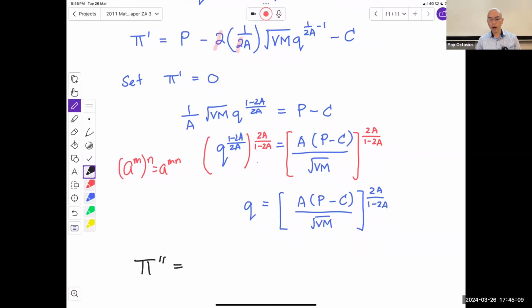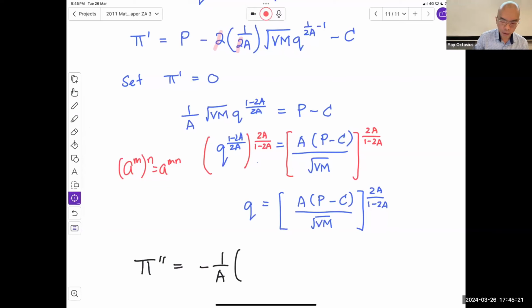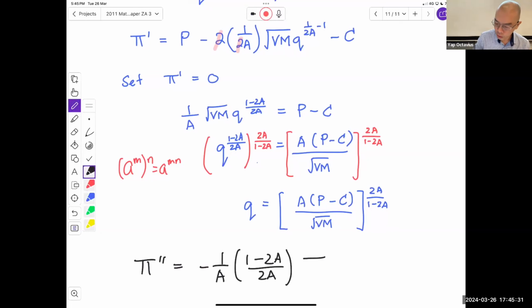So P gone, you get negative 1 over A, then bring down that power. That power is, okay, I copy this because this is the power: (1 minus 2A) over 2A, root VM Q to the power of (1 over 2A) minus 2.